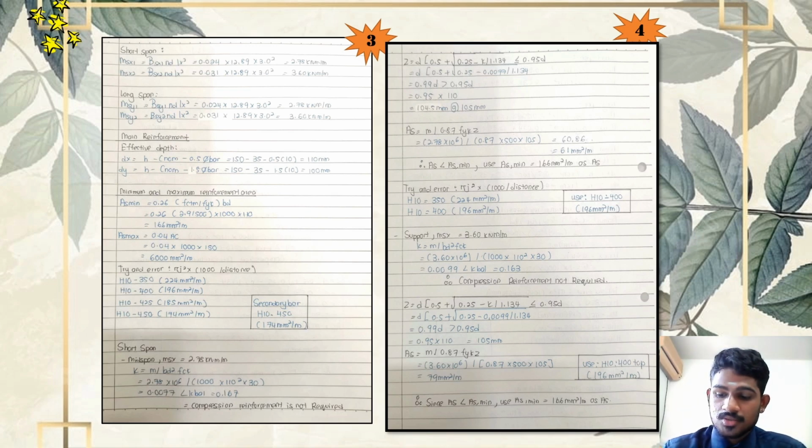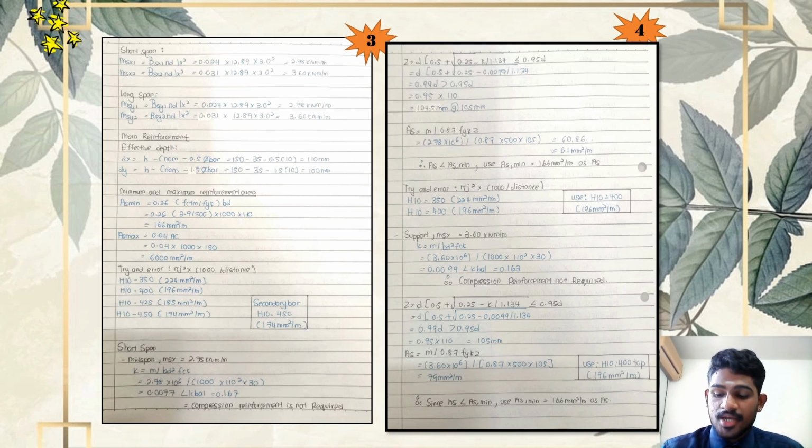Okay, Z is equal to 0.99d, which is more than 0.95d. So we are going to use the limit of 0.95 times 110, and you will get a value of 105 mm. So this is our Z value, and the As that we will get is 61 millimeter squared per m. The formula that we are going to use is M divided by 0.87 fyk Z.